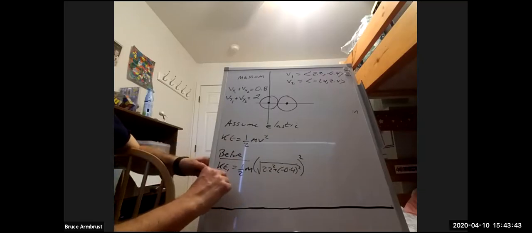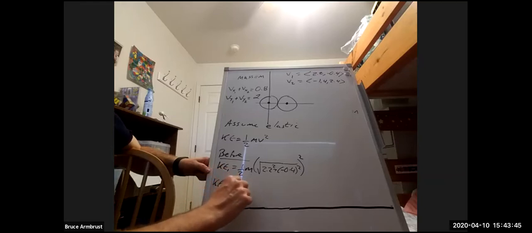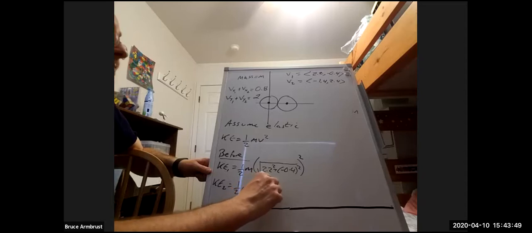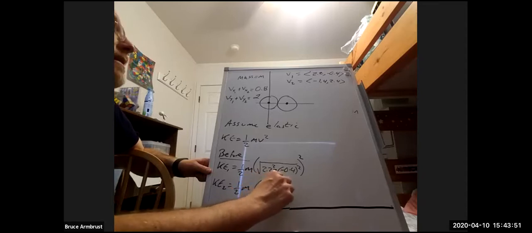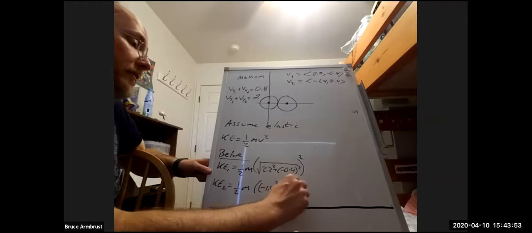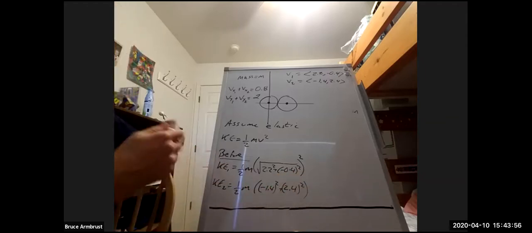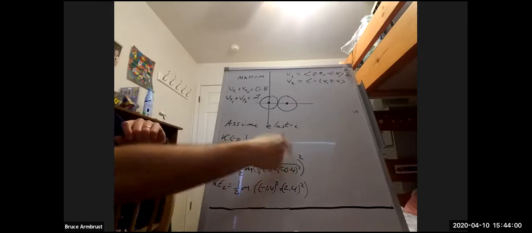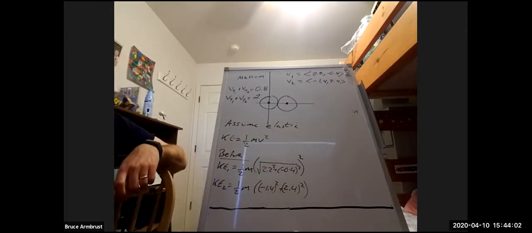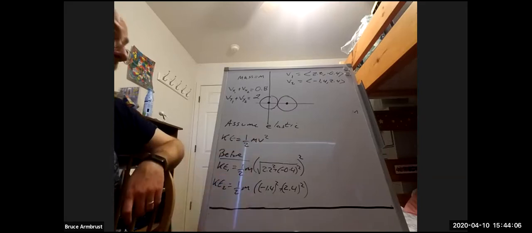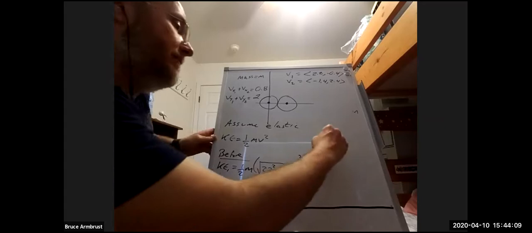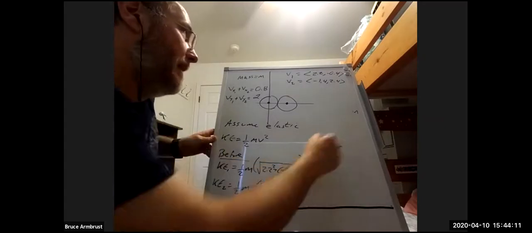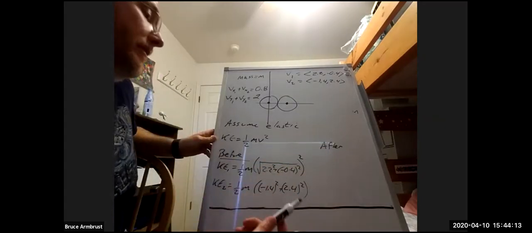For ball 2, it's going to be similar, except it's going to be minus 1.4 squared plus 2.4 squared. Again, it's the square root being squared. So this will get me some energies. In terms of the after, it's going to look similar, except this is going to put back in those Vx1 and Vx2s.